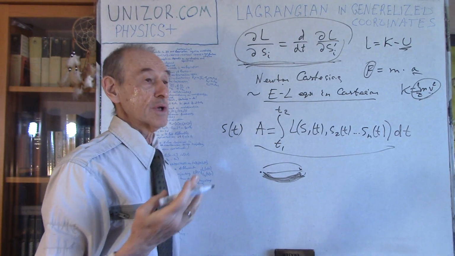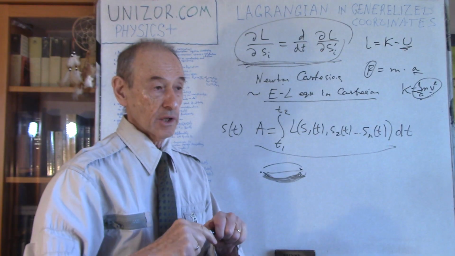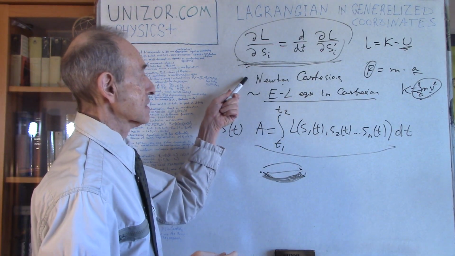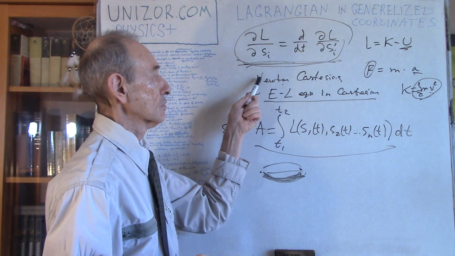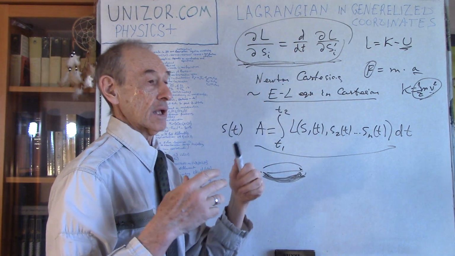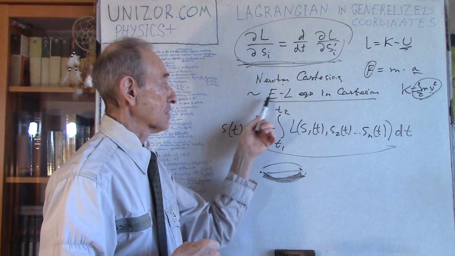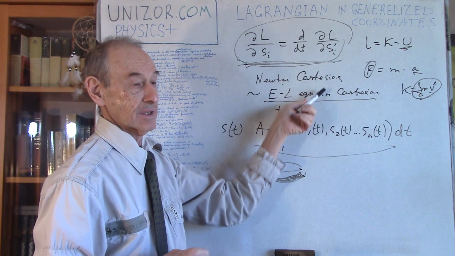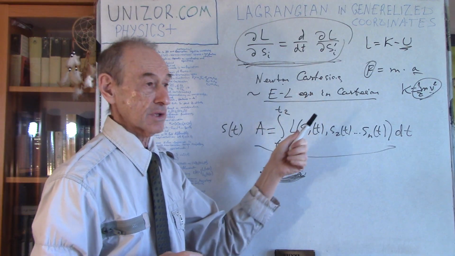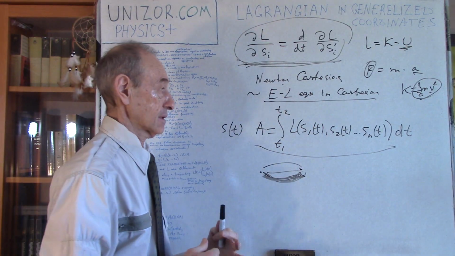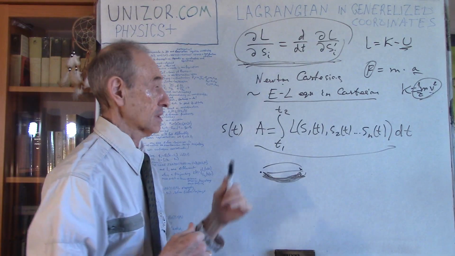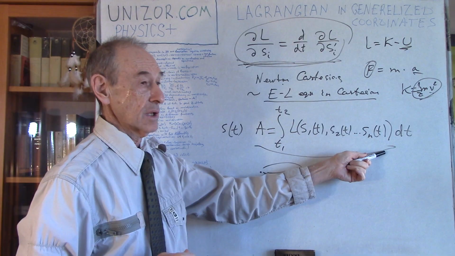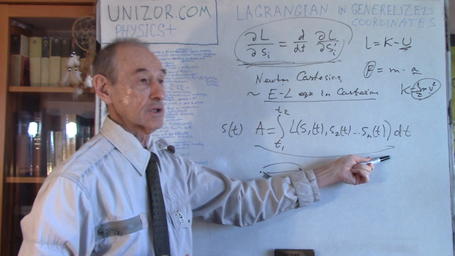So it looks like we can find the trajectory using 3 different approaches. In Cartesian system, one approach is Newton-Cartesian. Another approach in Cartesian system is the Euler-Lagrange equation, which was basically analytically derived from Newtonian. But on the other hand, in any system of coordinates, this trajectory is the one which extremizes the value of this functional.